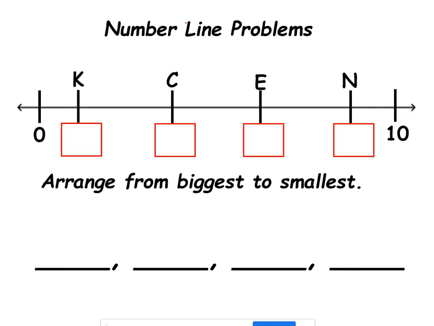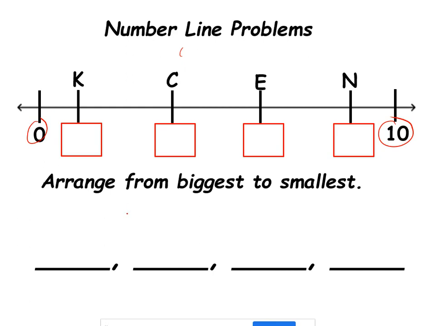All right, let's try this. Pause the video and have a think of this. Arrange from biggest to smallest. So here's the biggest, close to 10. And close to 0 are the smallest.